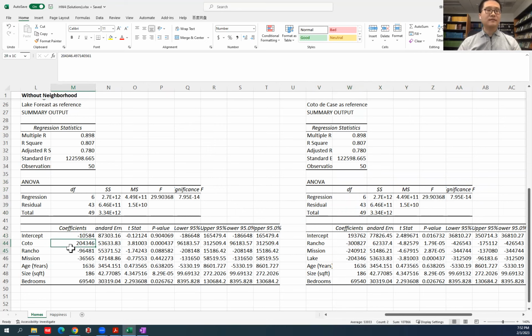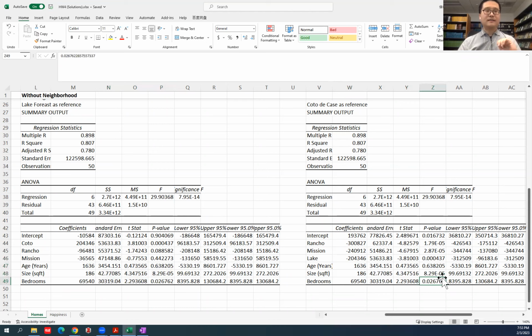However, if we move on to the continuous variables about age, size, and bedrooms of a house, we notice that these two models give exactly the same information. If you even move on to standard error, t-value, or p-values, these parts are also exactly the same.